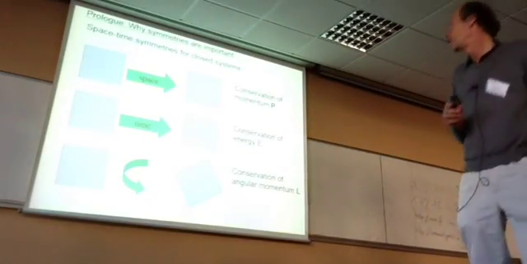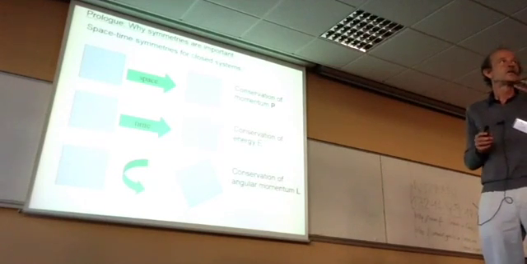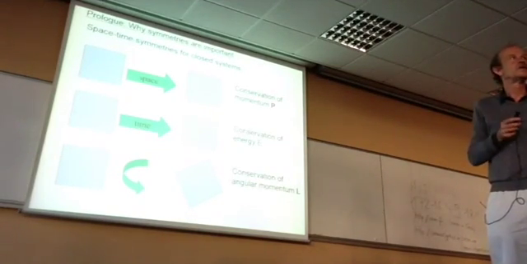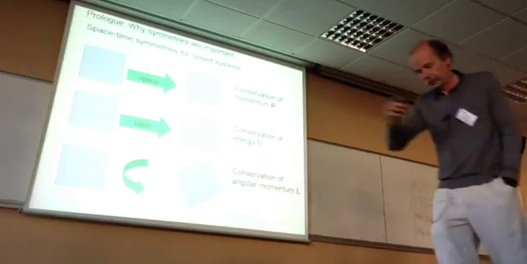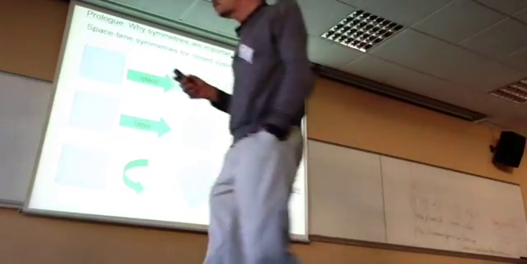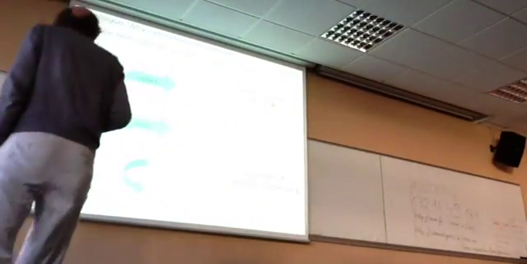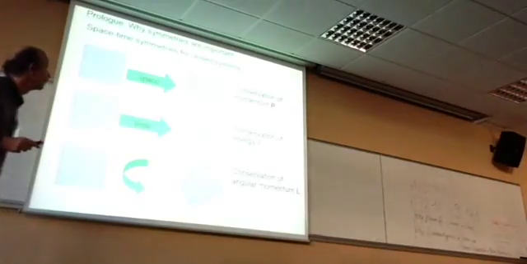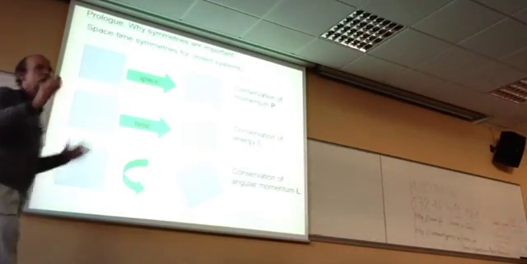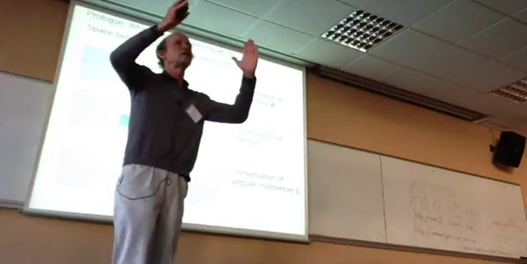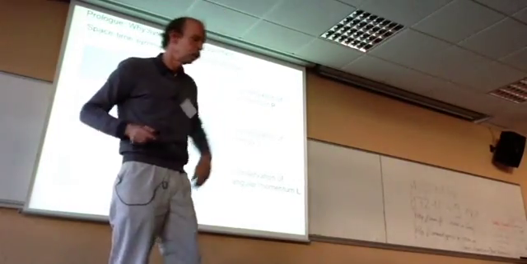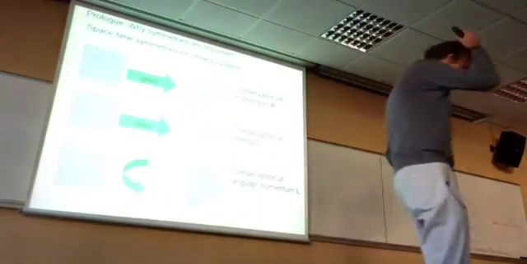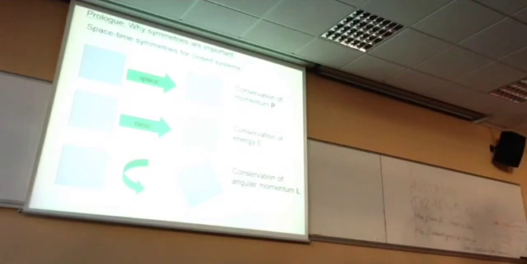So we would like to have an invariance under time displacement. This leads to the conservation of energy, E. And finally, if you let the physical system rotate in space, you would like the physical laws not to change. This leads to the conservation of angular momentum, L.